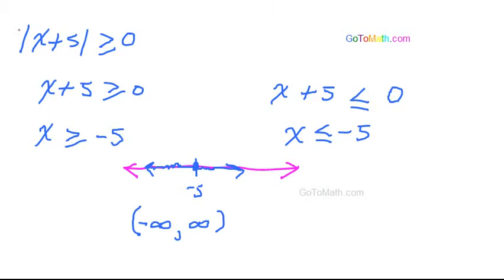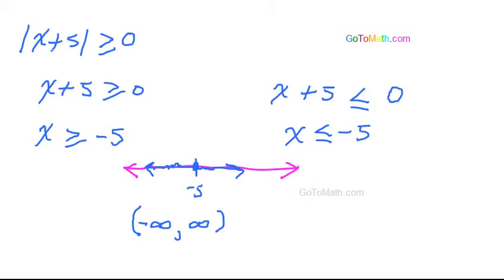Because this absolute value sign right here, whatever we put into here, this is either going to be 0, it can never be a negative number. This can never be negative over here, because the absolute value signs cancel the negative out and make it positive. So the smallest number this could possibly be is 0, but this says 0 is greater than or equal to 0, and that's true.